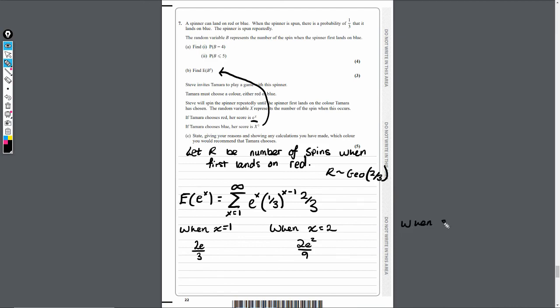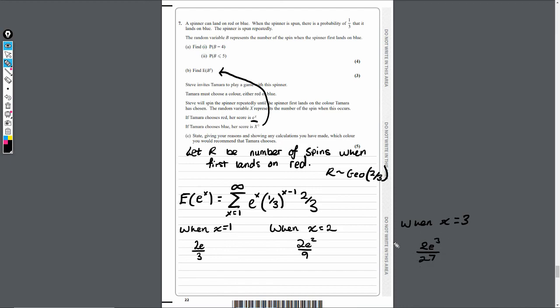So you might have already spotted the pattern, but if I do one more, hopefully it'll make it extremely clear what the pattern is. So that's going to be e cubed times a third to the x minus 1, so that'll be a third squared. So we've got e cubed over 9 at the minute, and then we times that by 2 over 3. So I'm going to get 2e cubed all over 27.